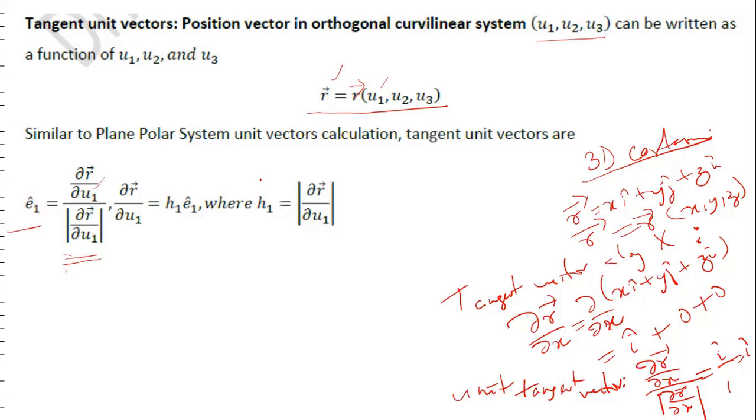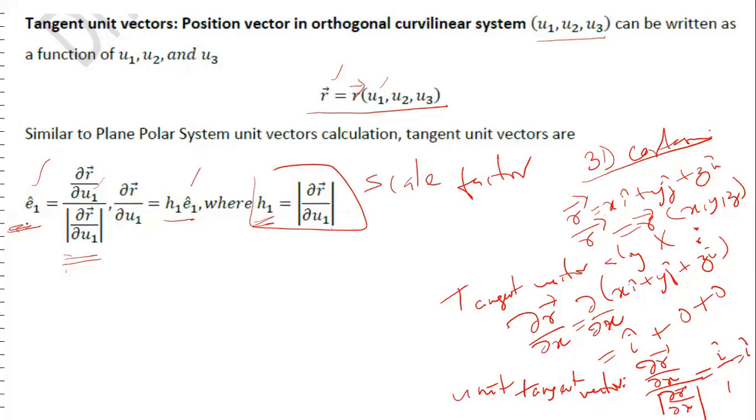If you denote the differentiation of the position vector with respect to one of the coordinate variables, that is u1, del r vector upon del u1, its magnitude is denoted as h1, which is also called a scale factor. So if you denote it like this, then del r upon del u1 can be written as h1 times u1 cap.